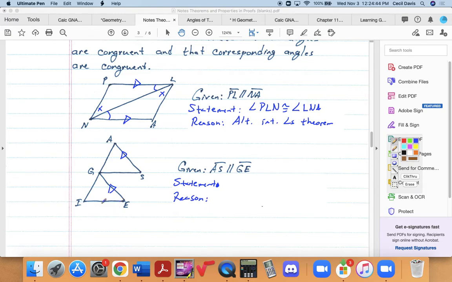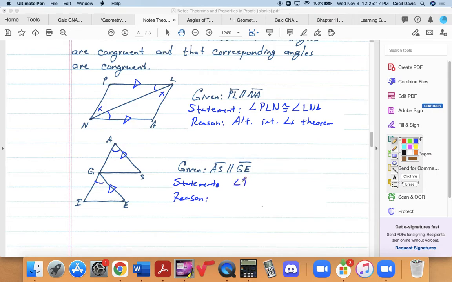It's not wrong. It just doesn't help me a lot with the two triangles, but you are correct. Okay? Sierra? Angle IGE is congruent to angle GAS. Yes. These two angles are congruent.